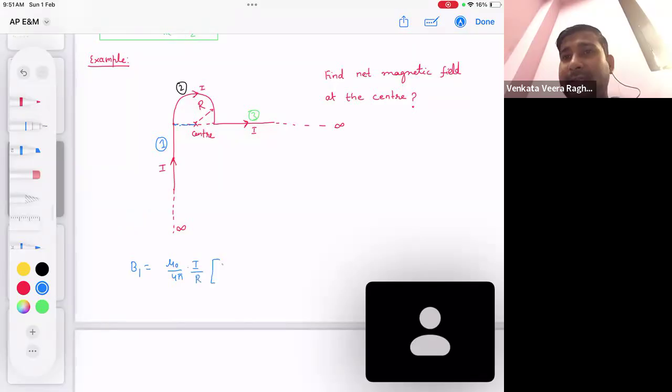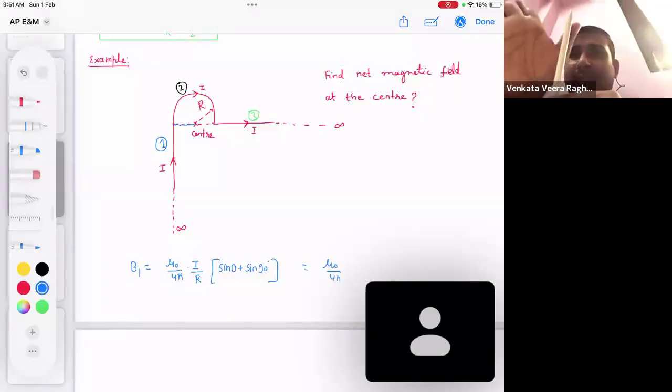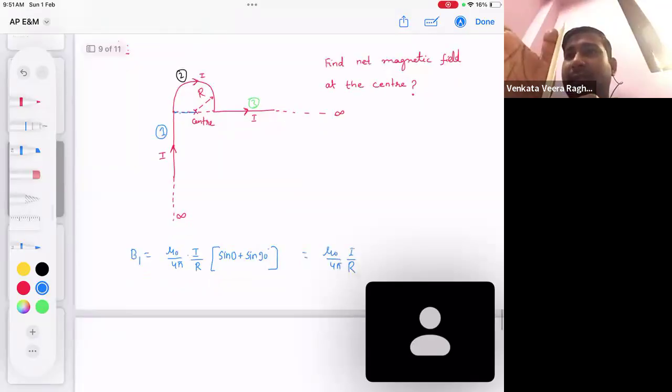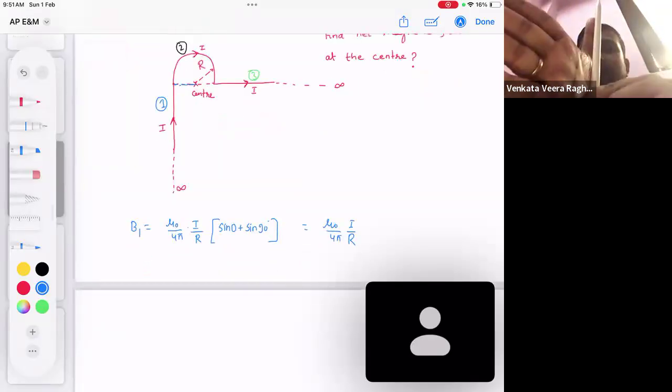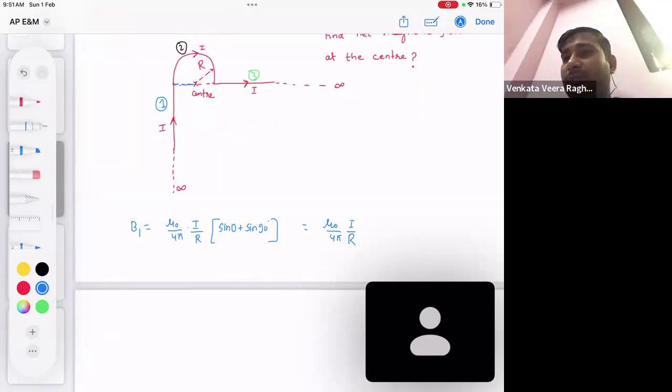One angle is 0, the other angle is 90, right? So we got mu naught by 4 pi I by R, and the direction will come: keep the thumb in the direction of current, fingers where you want to calculate the magnetic field. So the palm is coming into the plane.